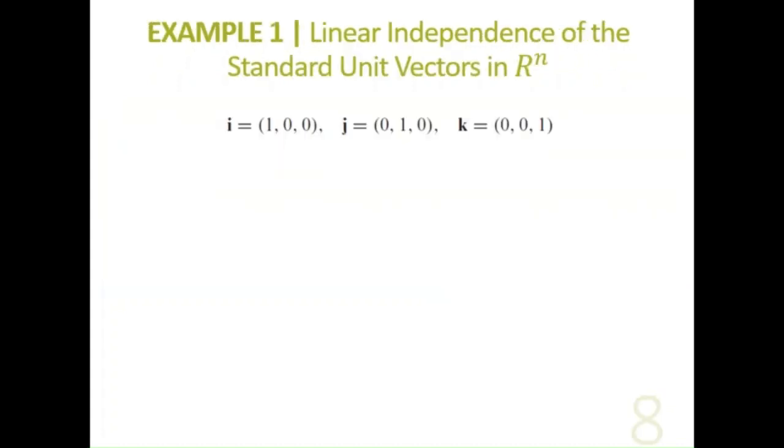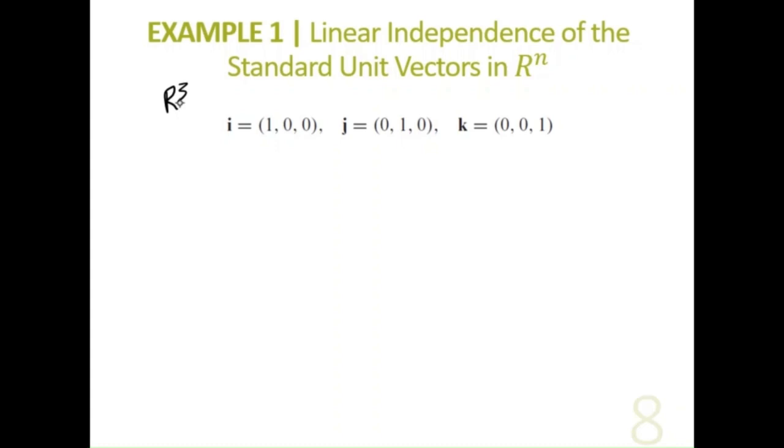So let's look at example 1, using our standard unit vectors. In this particular instance, we're going to be looking at these standard unit vectors in R3. Obviously, this will hold for whatever dimension you end up in. So we need to prove the linear independence of these standard unit vectors.